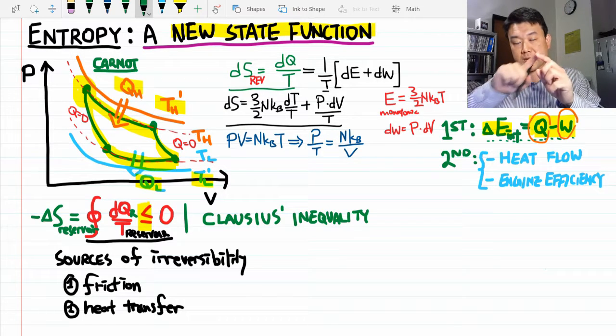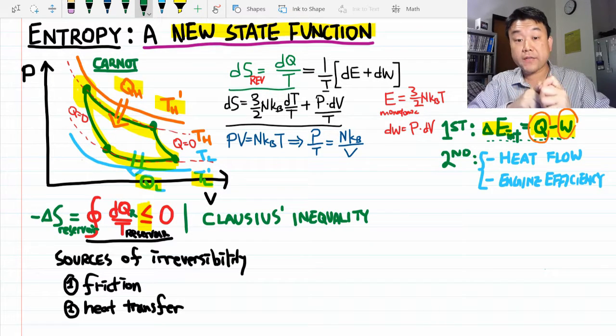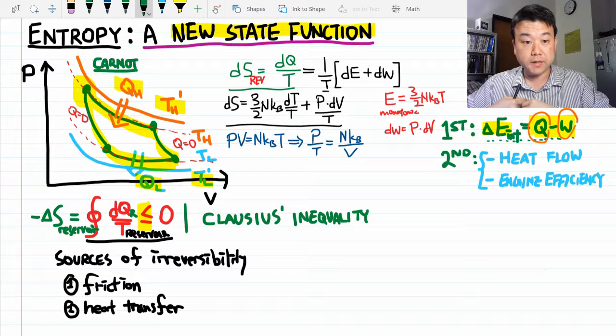Over one heat engine cycle, the change of the entropy of the heat engine is going to be zero. That's true whether it's a reversible process or irreversible process. That's what, once again, the state function is about. It doesn't matter how you got there, it matters where you are.